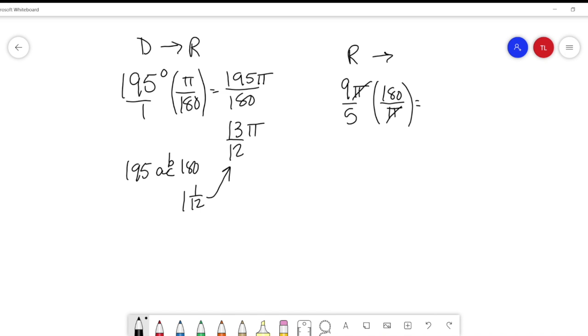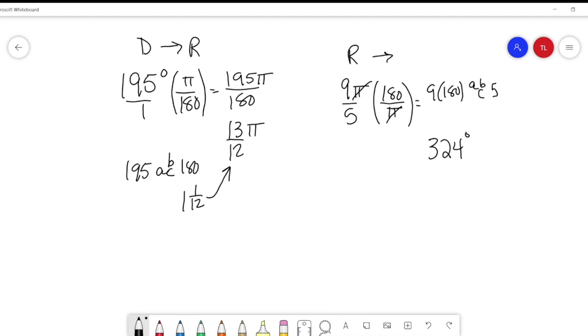You can go ahead and say 9 times 180, then you go A B C, 5. What is it? 324. 324 degrees. Okay, that's the second question on your test.